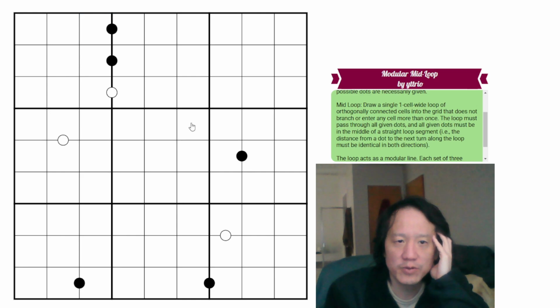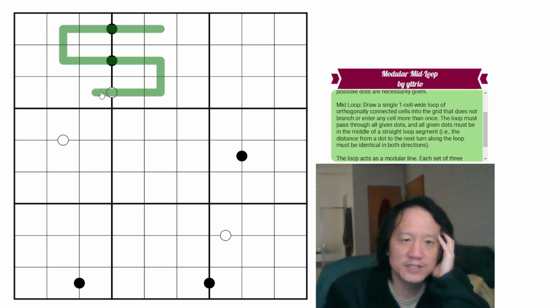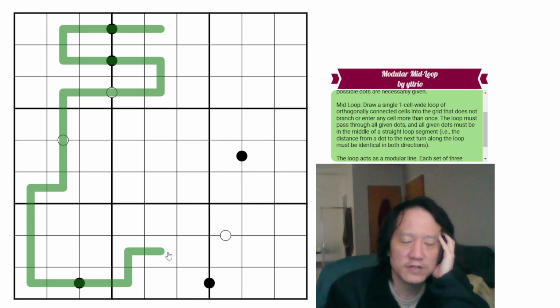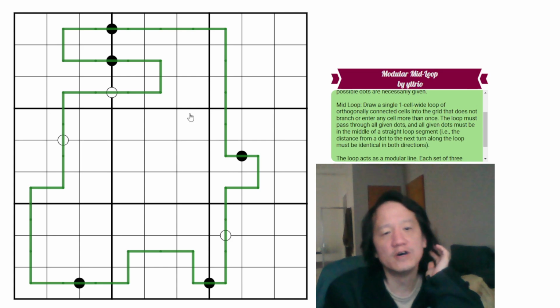Well, probably the best one is here. Basically, the loop has to cross through all the dots. So this is an example of a possible loop.